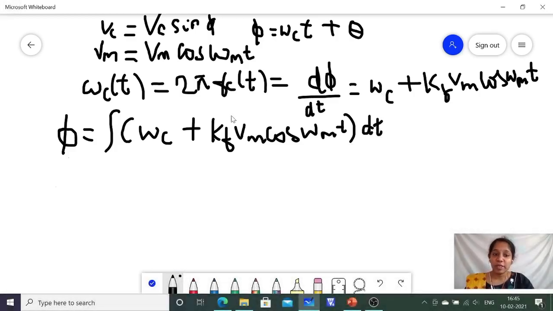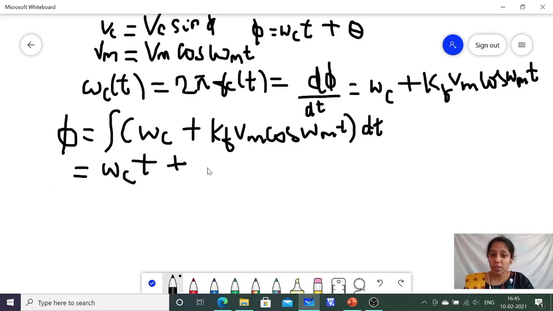Now if we integrate according to the rules of integration, the integration can be split between the omega c and kf Vm cos omega m t terms. If we integrate omega c with respect to dt, we get omega c into t, plus the integration of this term.